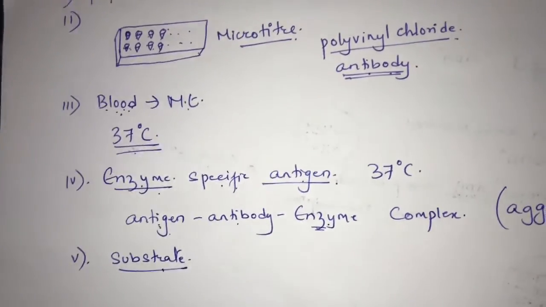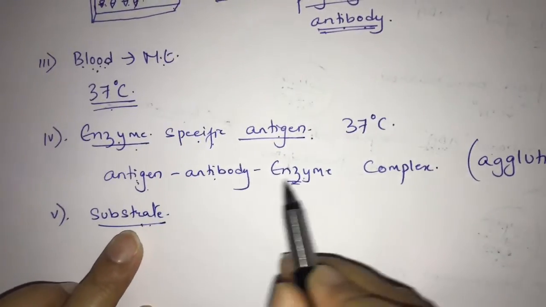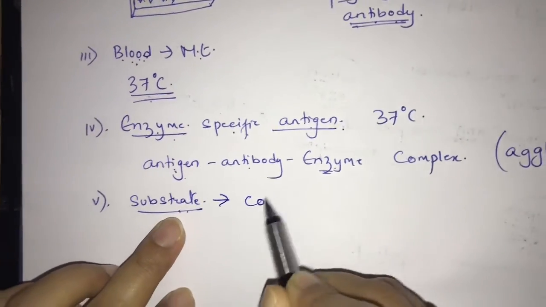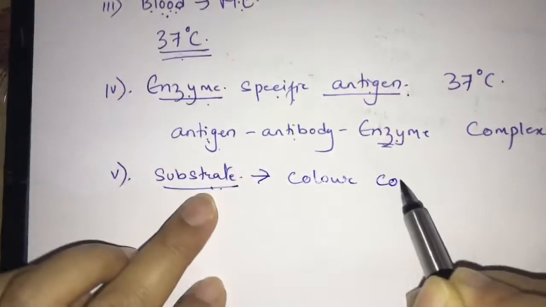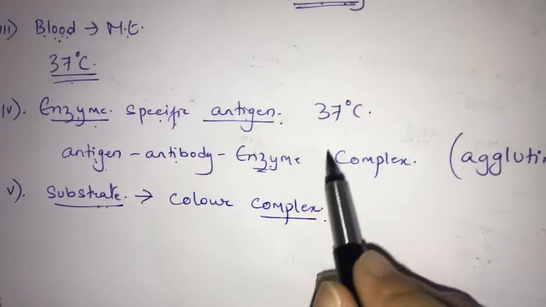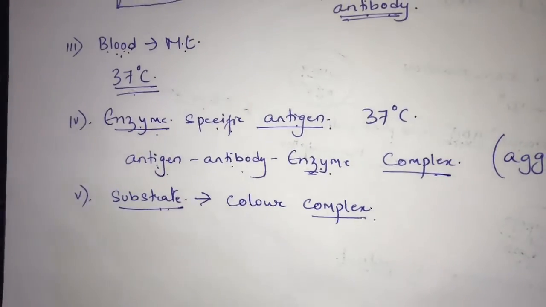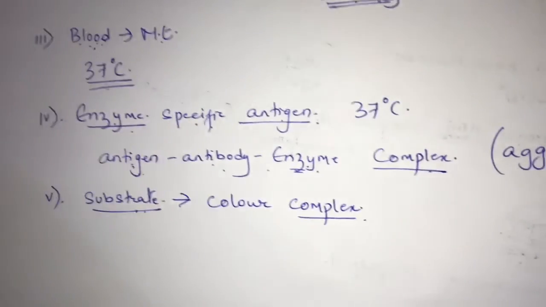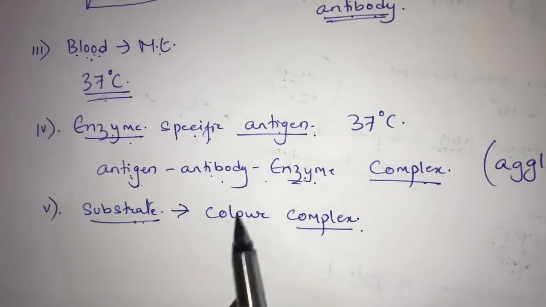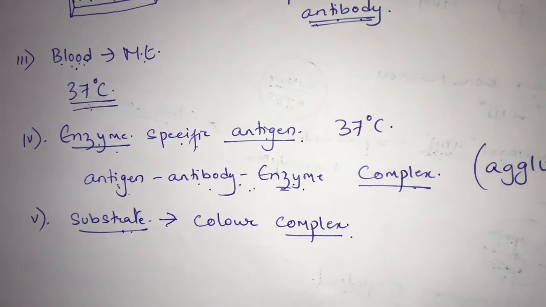When we add substrate to the enzyme, it will form a color complex, because before that we cannot clearly see whether the antigen antibody enzyme complex has been formed or not, because it is not seen with our naked eye. We need to dye it. It needs to form a color complex so that it will be visible.